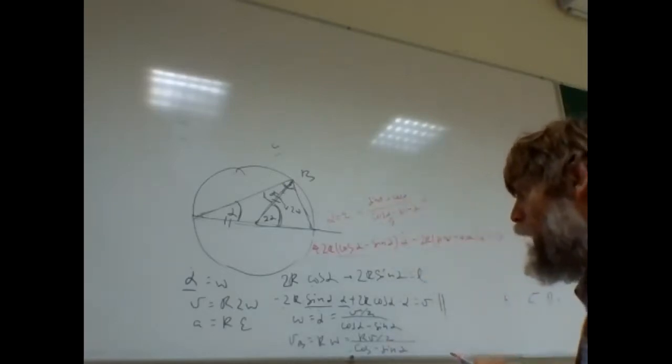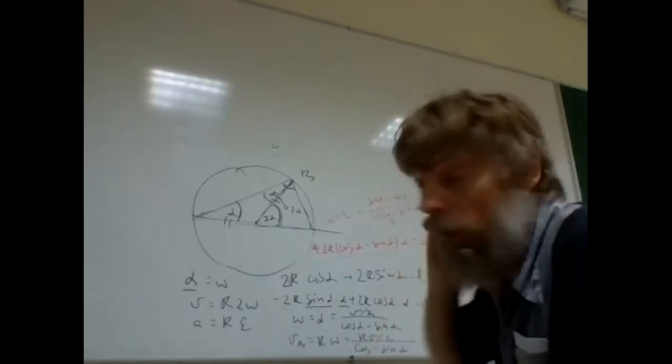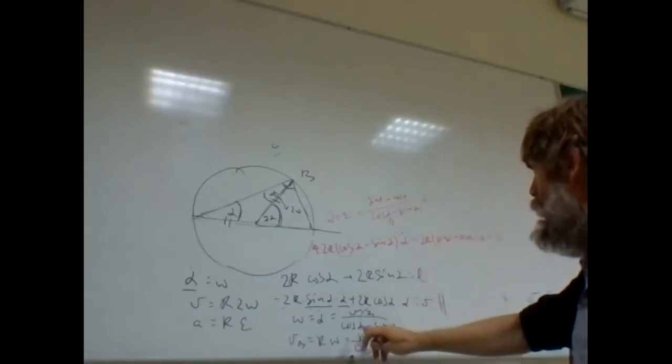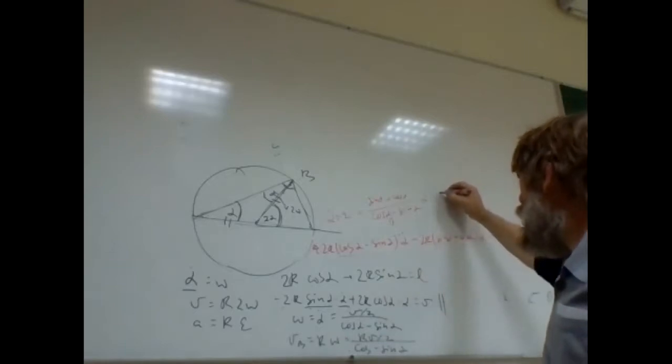But for alpha dot, I have the expression here. The denominator goes to the square.